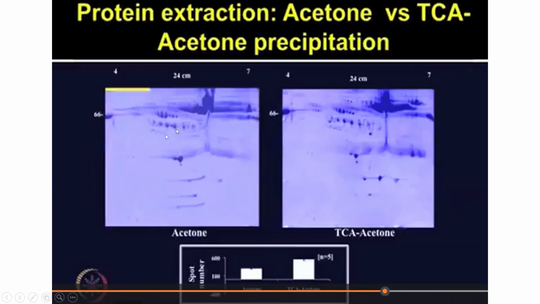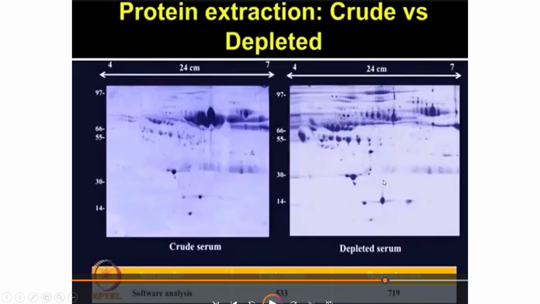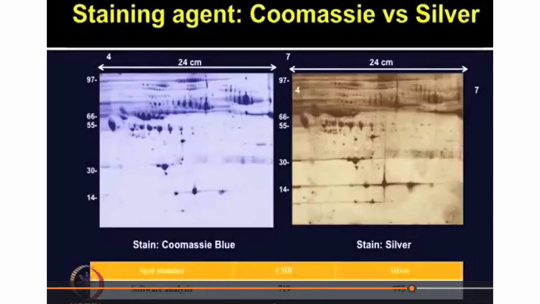Then after extracting and precipitating the protein, they try to find that using one type of precipitation method this is how the protein looks, and using another type, crude versus depleted. So depending upon the method, that's what I was saying: your sample preparation will change everything, the way you look at your results, and also the staining you use, because every stain has its own sensitivity.